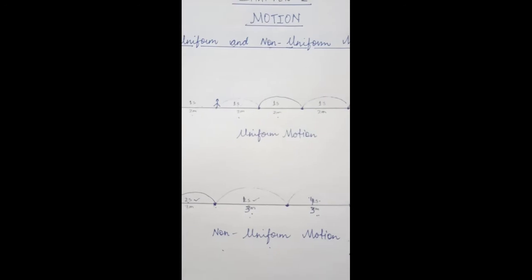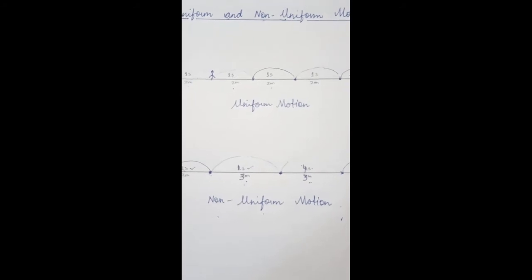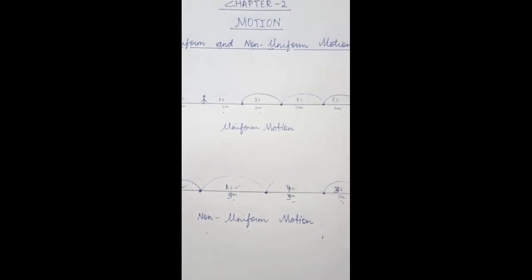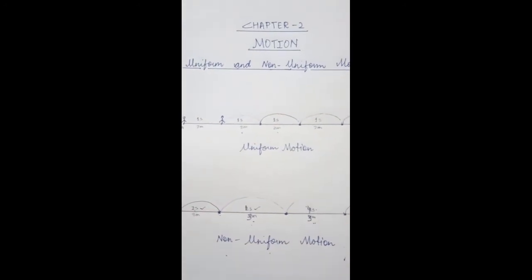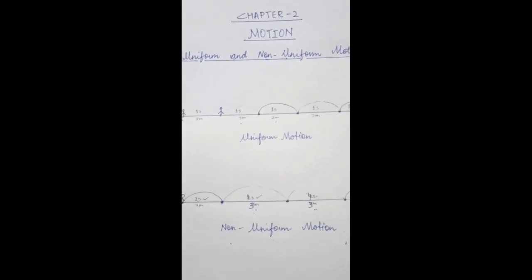Its motion is said to be non-uniform motion. For example, an object moving in a circular path, a bus moving on a busy road, the earth revolving around the sun, and an object falling freely are examples of non-uniform motion.